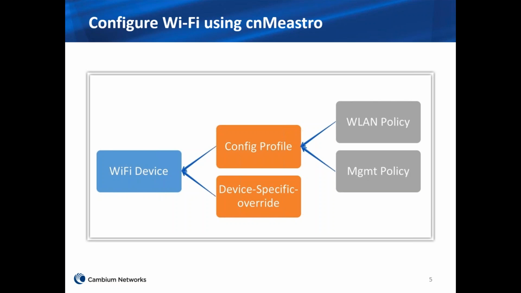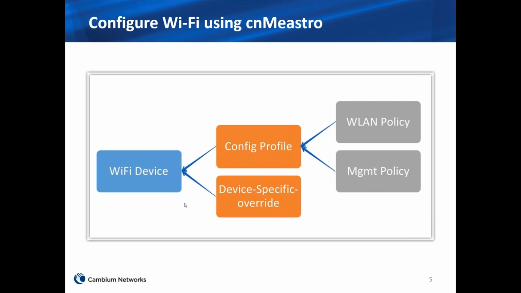That one contains the SNMP, time setting, event logging related parameters. So you will be able to create different wireless LAN policies and management policies, and then you can choose different ones, create a combination for a configuration profile, and then use the configuration profile to push to the Wi-Fi device.